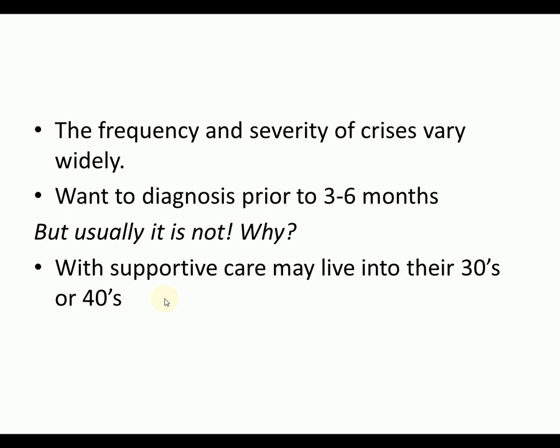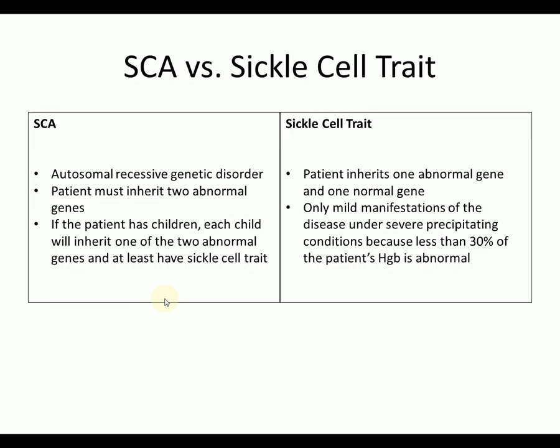Another serious complication that they can come into is the acute chest syndrome, and we will discuss that a little later on. Let's see, sickle cell anemia versus sickle cell trait. Sickle cell anemia is an autosomal recessive genetic disorder. The patient must inherit 2 abnormal genes, and if the patient has children, each child will inherit 1 of the 2 abnormal genes and at least have sickle cell trait.